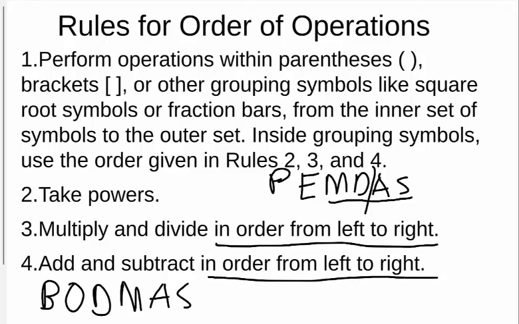And again, if you're from there, division, multiplication, you do it in the order from left to right that it shows up. So if you have both, doesn't matter that it says in North America MD, in everywhere else DM. Whichever one of those two comes first in the thing you're evaluating, you do that first.